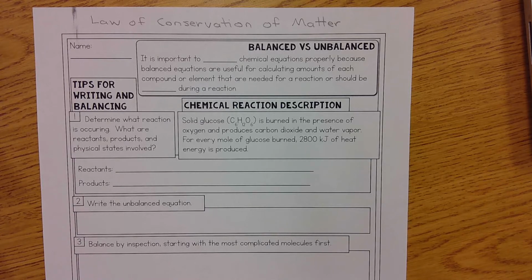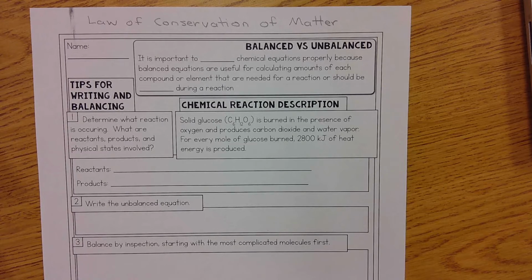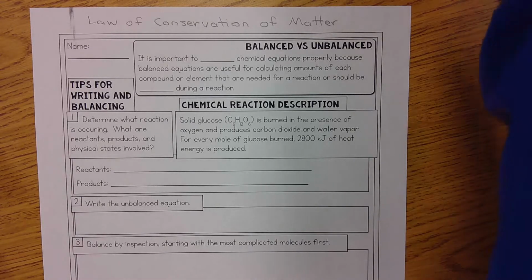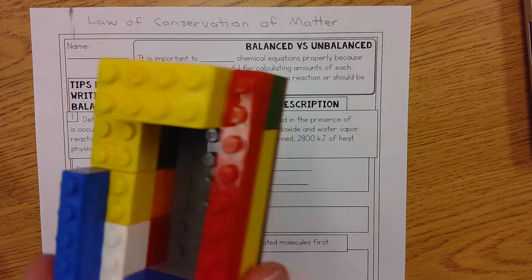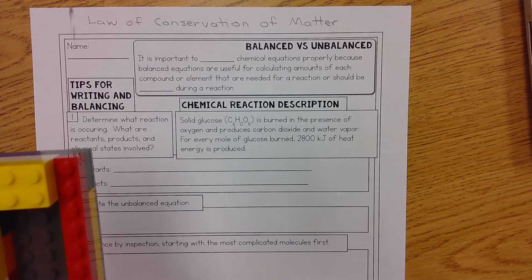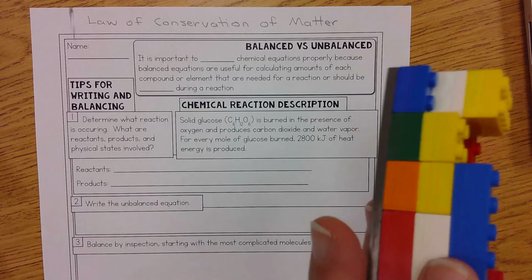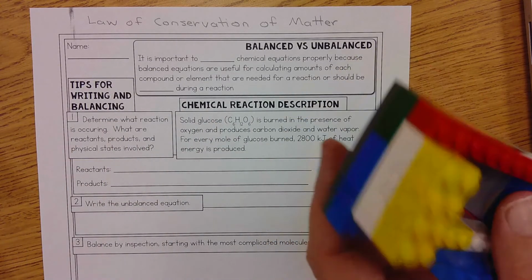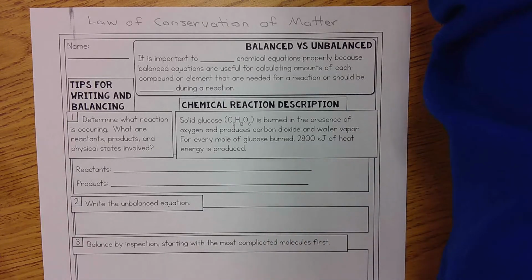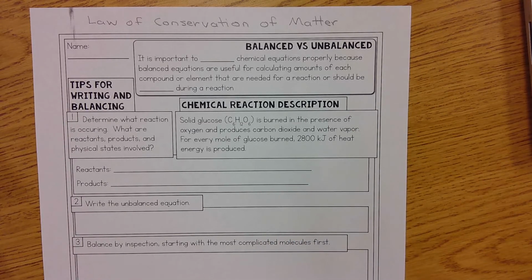Okay? Because of that, when we write these chemical reactions to show a chemical equation, they have to be balanced. They have to be written in such a way that I have the same number of Lego pieces in the reactants or the ingredient side as I do in the product side. Okay, so it's the same number of pieces, the same number of atoms, just arranged in a different way.